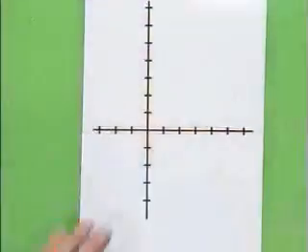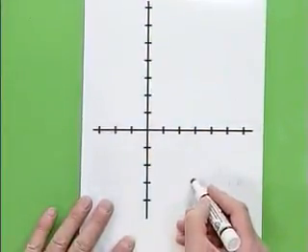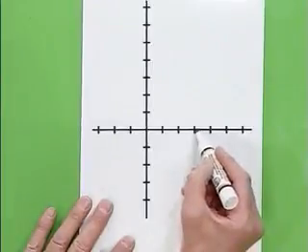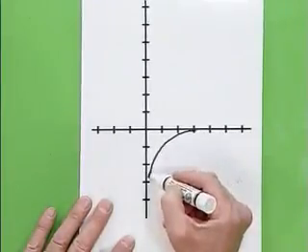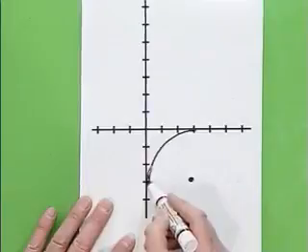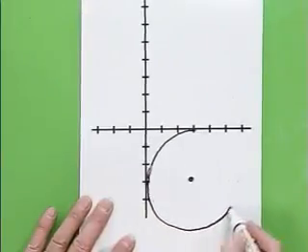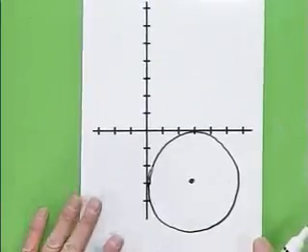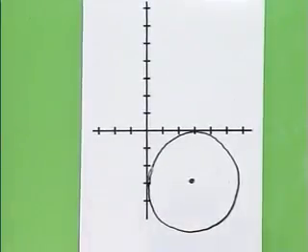Okay, I'm thinking of a circle, and the center is right here. And the circle looks like this. I want to find out what's the equation of that circle.